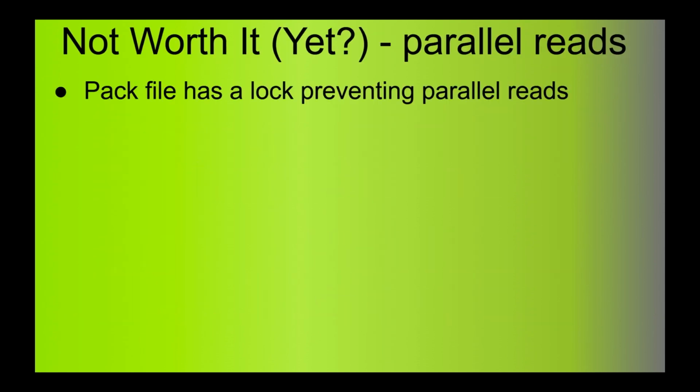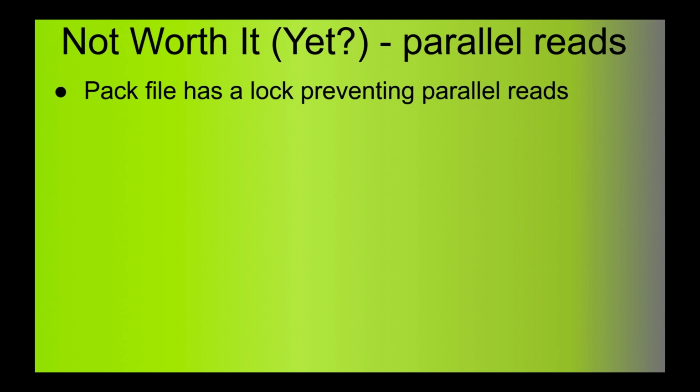Some setbacks, some things that I've tried that really didn't pay off yet for me. They may pay off for you, since it may depend on the use cases. I tried introducing parallel reads. When your jgit block cache is not full, if you have a whole bunch of threads that are reading, why not allow them to read from the same file at once?